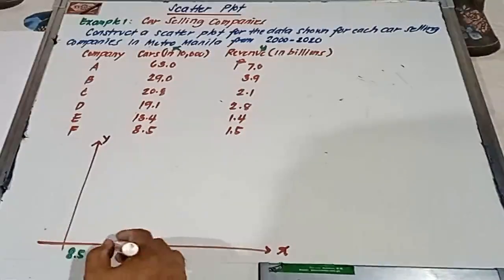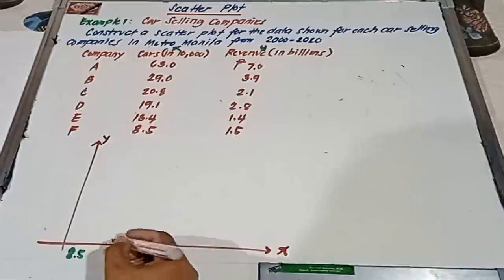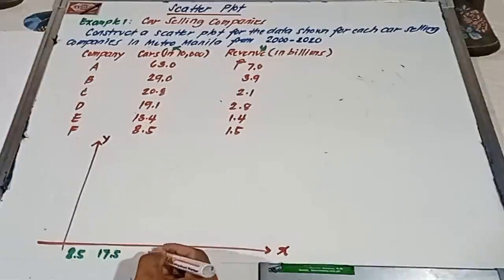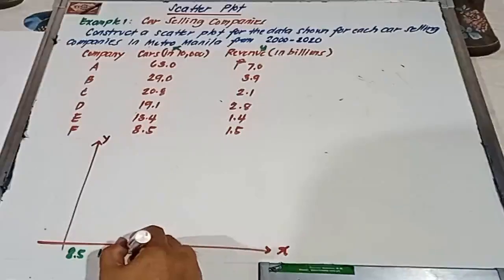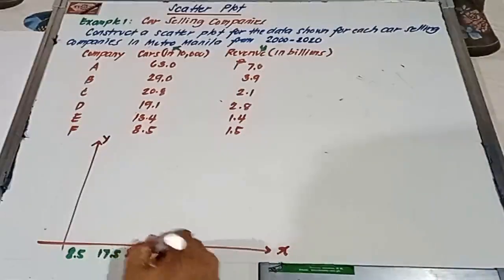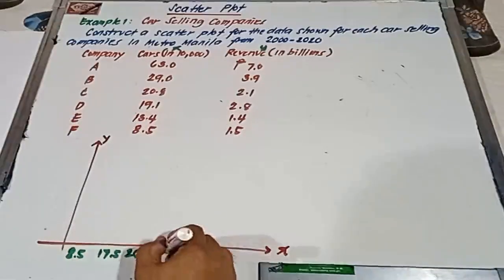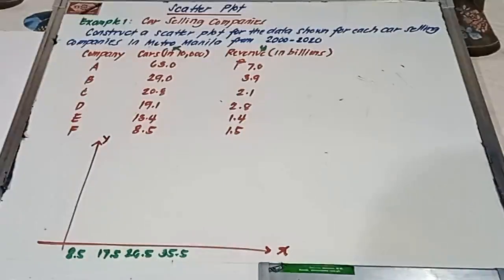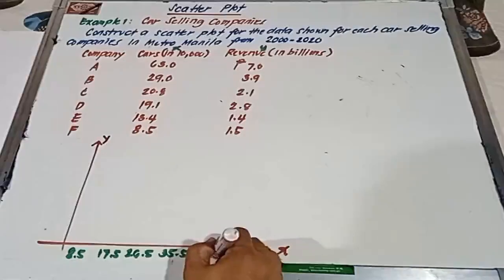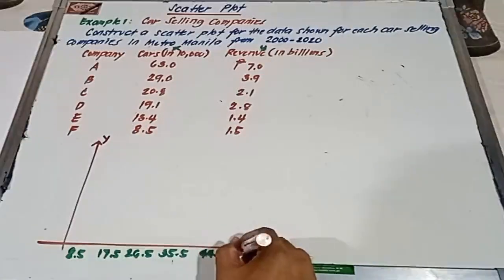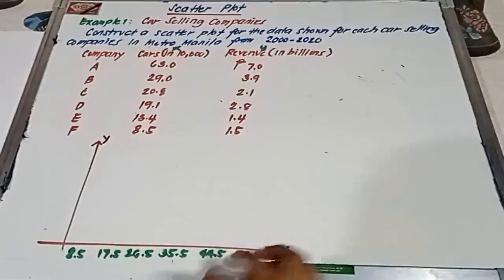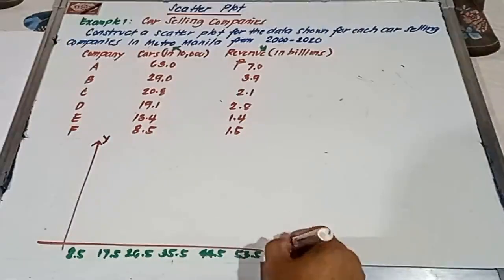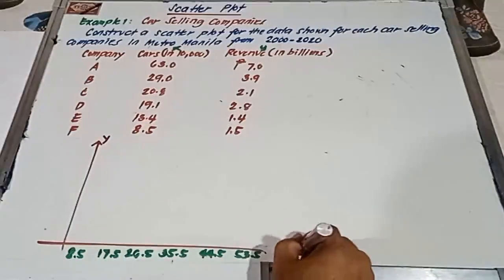8.5. And then, mag-increment na lang tayo ng 9. So, this is 17.5. The next is plus 9. That is 26.5. Next is 9, 35.5. Next is 44.5. 53.5. And then, 9 is 62.5.